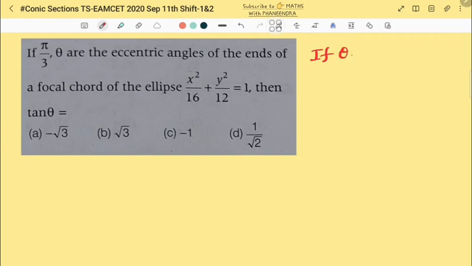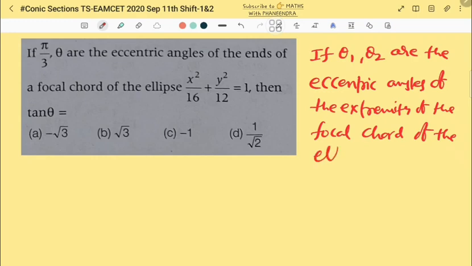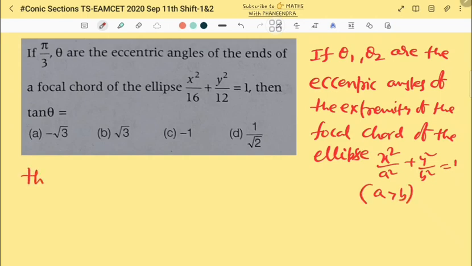If theta 1 comma theta 2 are the eccentric angles of the extremities of the focal chord of the ellipse x square by a square plus y square by b square equal to 1, a is greater than b, then we have two important properties in the textbook example.